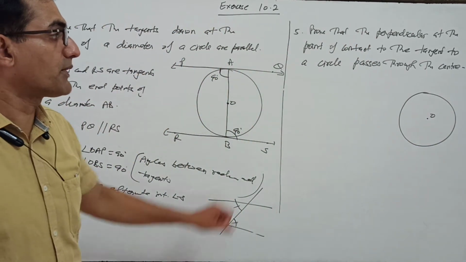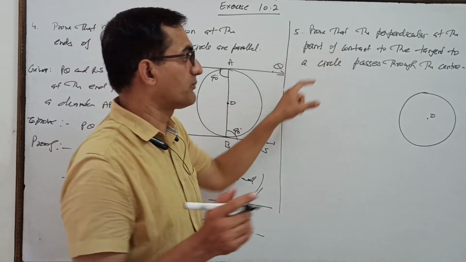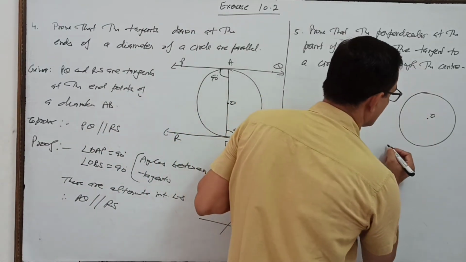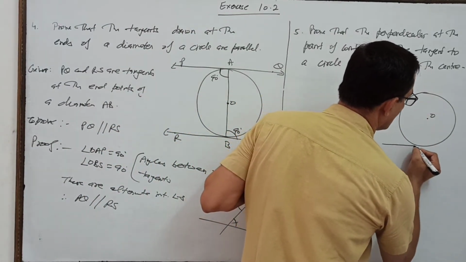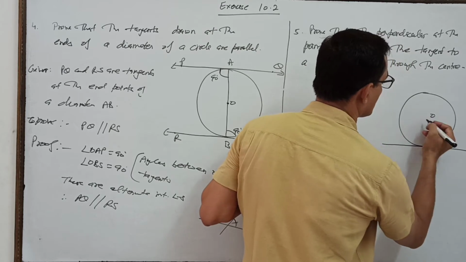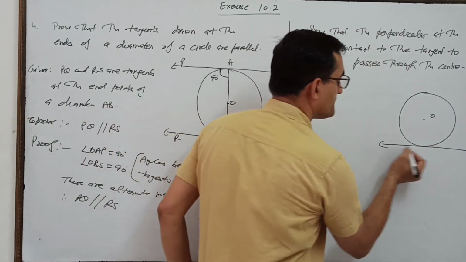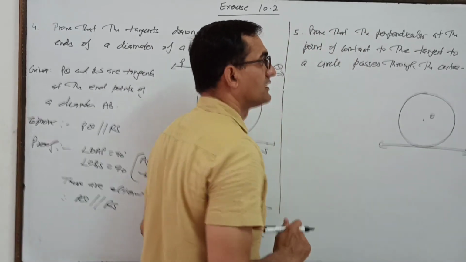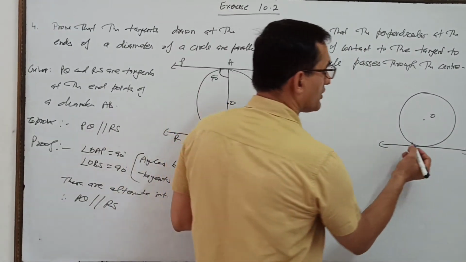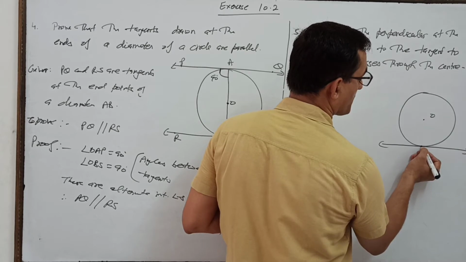Let this be a tangent. Here, at the point of contact, you draw a perpendicular.